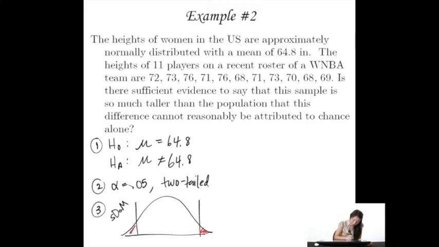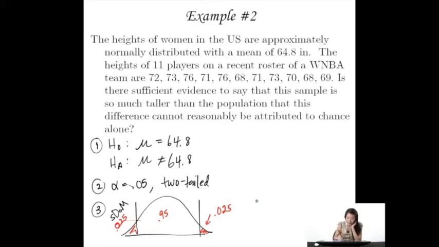And because it's two-tailed, this is 0.025, 0.025, and here it's 0.95, right? So altogether it adds up to 1. All right, so now that we have this, can we figure out the T?